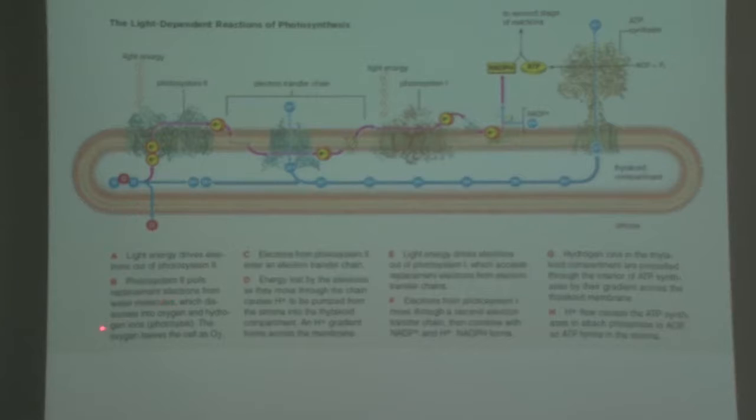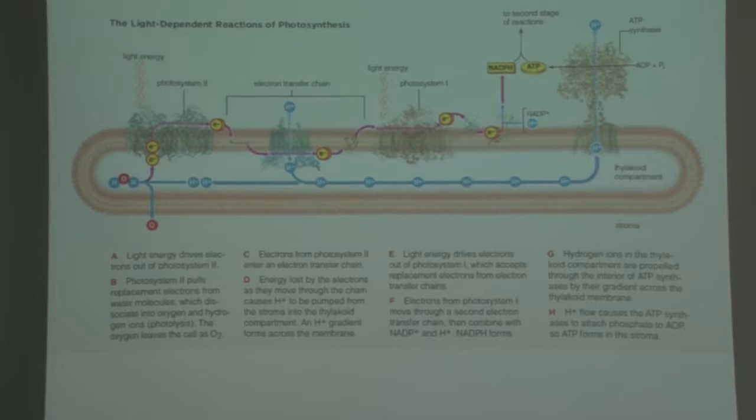If we look at the light-dependent reaction, this is photosystem 2 and photosystem 1. In between these two there is an electron transfer chain, and at the end there is an ATP synthase.